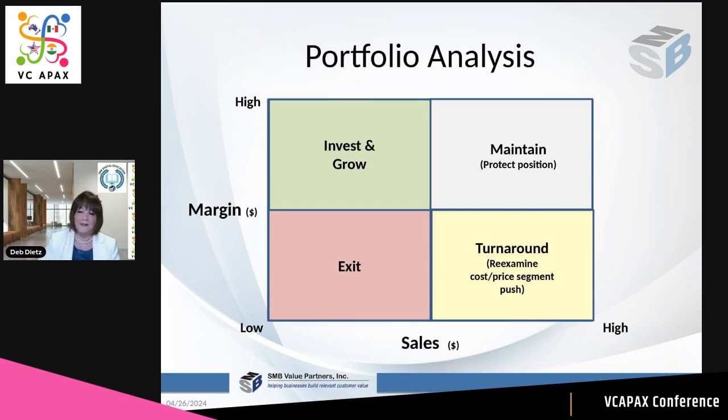Okay. So now we're going to shift and look at the invest and grow. Here you have products where sales is low, but your margin is high. These are your most highly profitable products of your company, but sales isn't. You could do better when it comes to the sales. So you want to continue to invest here.